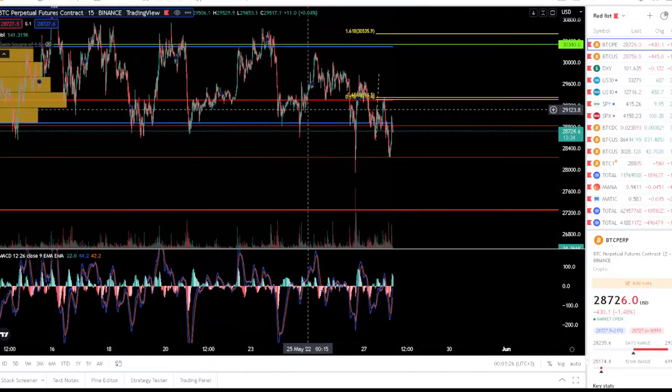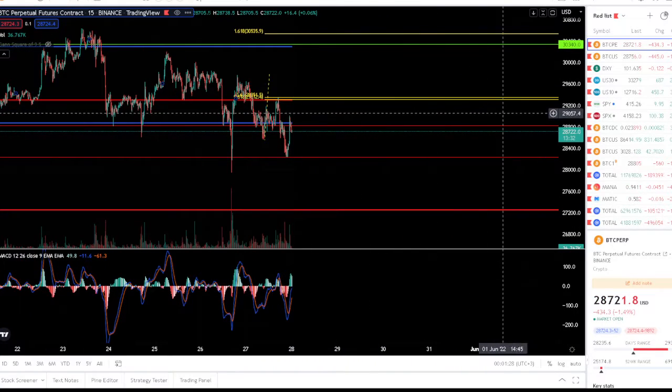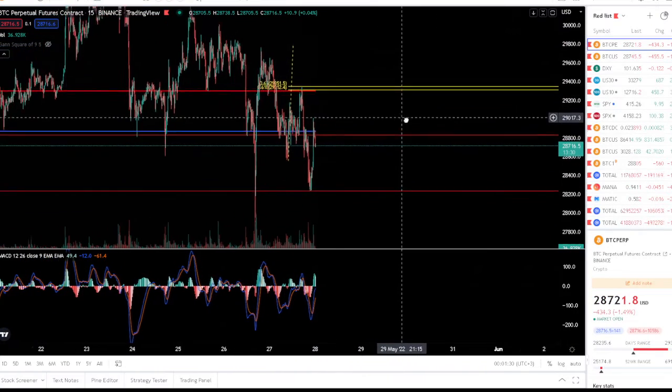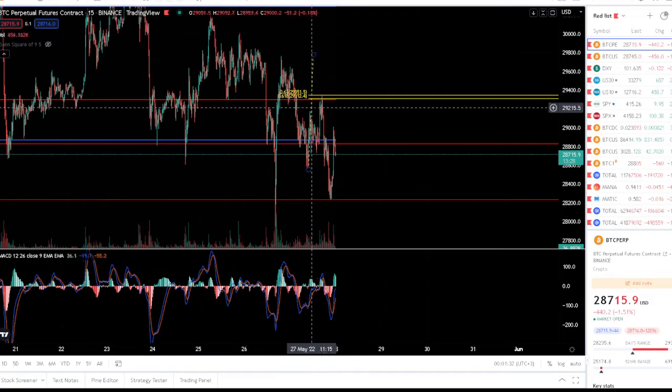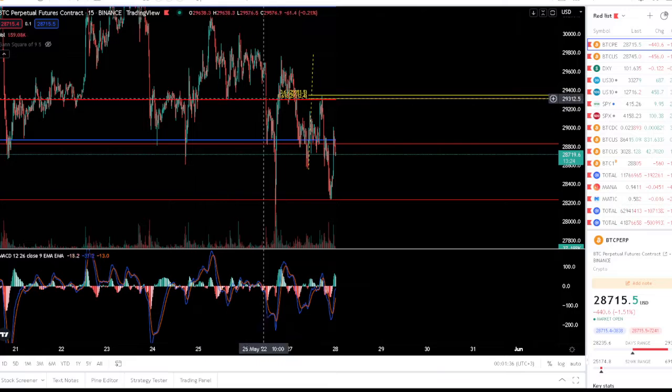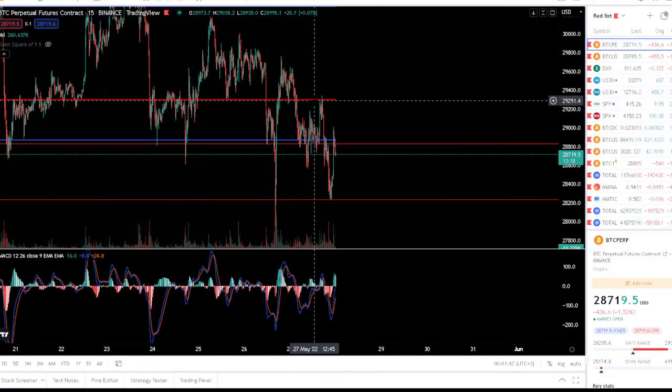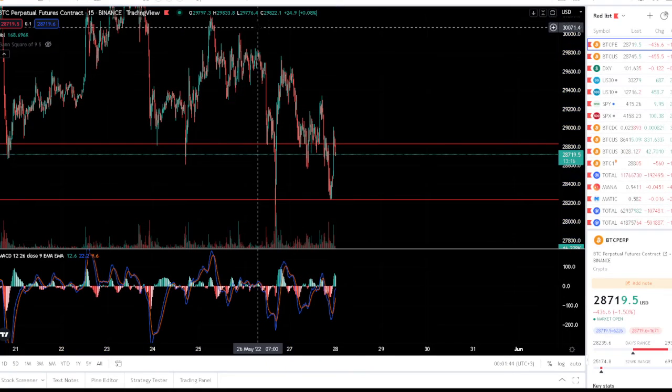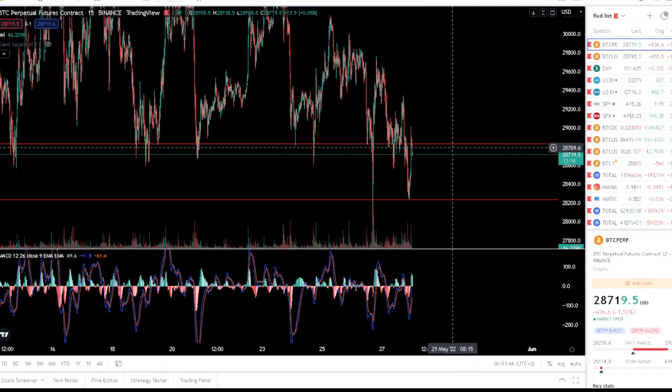Let's see, perfectly. The 0.618 Fibonacci level and the point of control were perfect. That's another confluence that I had. So you see, when you're trading, you need to have several confluences, and you will be more successful in your trade.